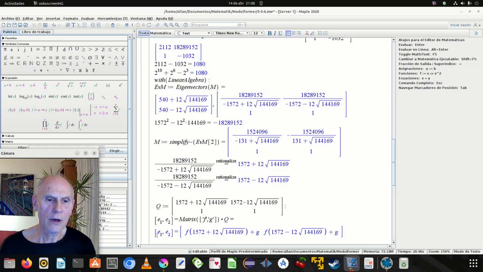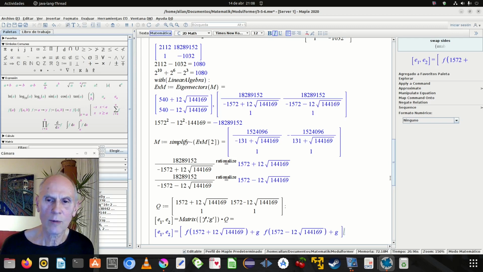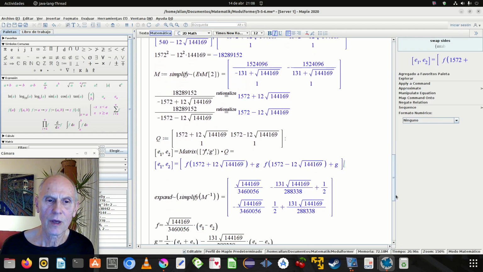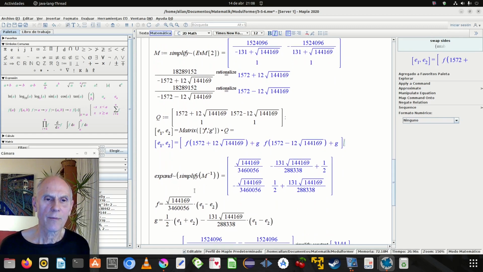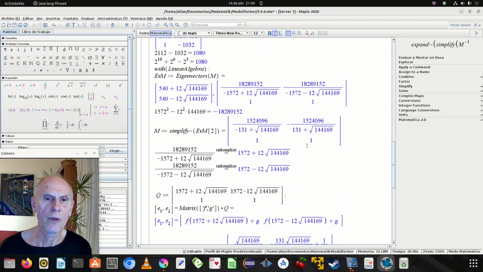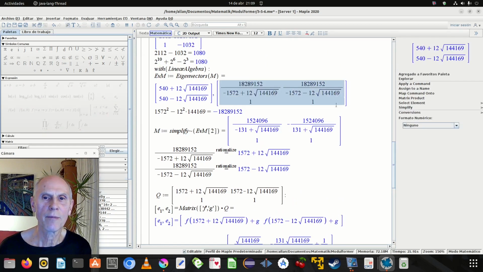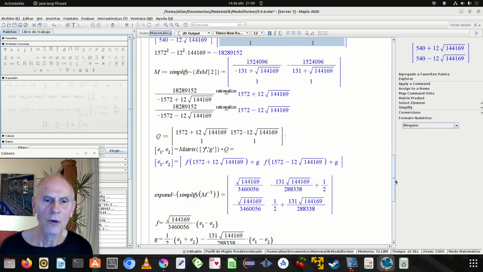I got the eigenfunctions with the coefficient of G being unity so that they are normalized. And then we can take the matrix M, which I took from the eigenvalue problem.